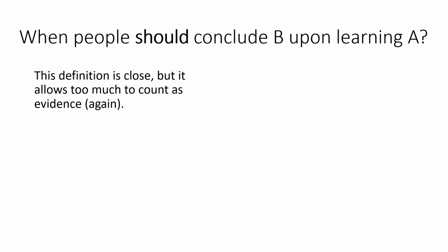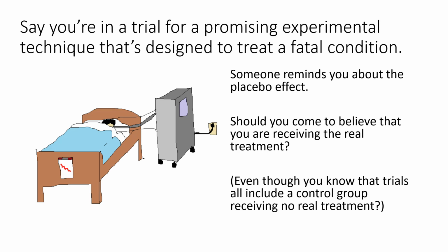Well, back to our definition. I think this definition is pretty close, but it does allow too much to count as evidence again. It's too broad. Suppose you're in a trial for a promising experimental technique that's designed to treat a fatal condition. That is, you're desperately ill, and the only thing available to you is an experimental trial.